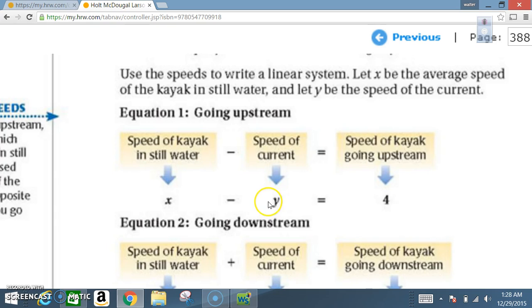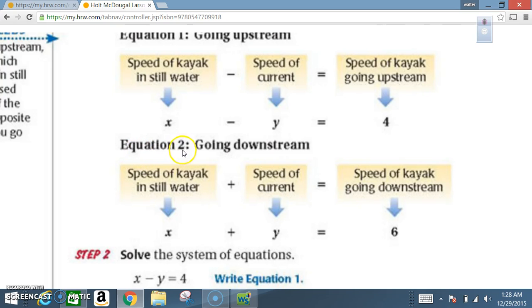So x minus y is equal to 4. Equation 2, going downstream. The speed of the kayak in still water is x. The speed of the current is a positive y. And the speed of the kayak going downstream, we determined that to be 6.